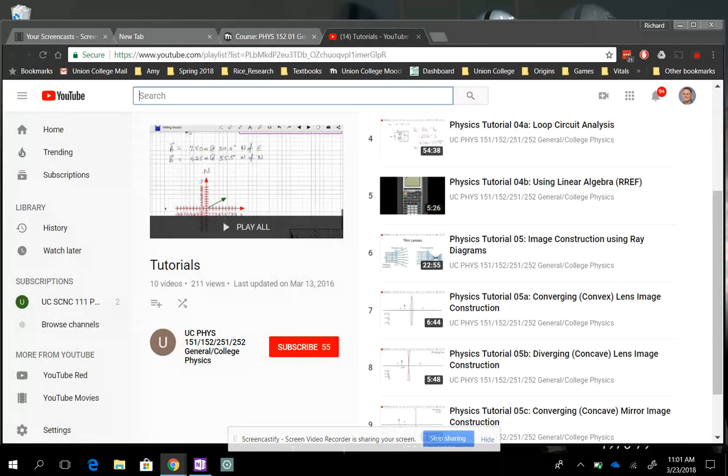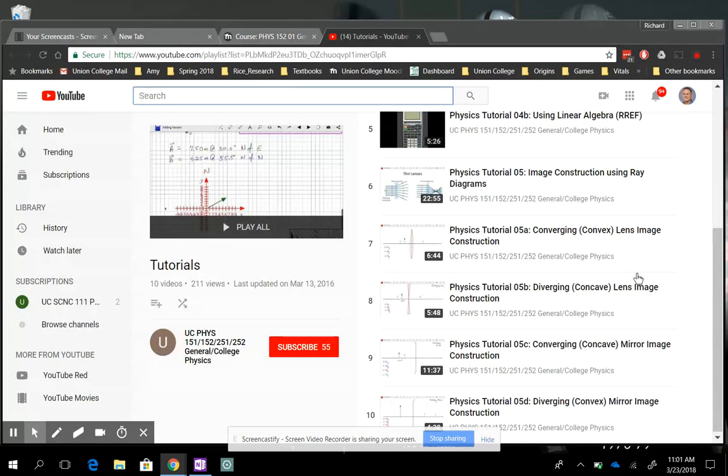There are 14, and you get down here, image construction using ray diagrams, the general one, and then for a converging lens and concave lens, it has a bunch of different variations, so you can go over and practice how that works.